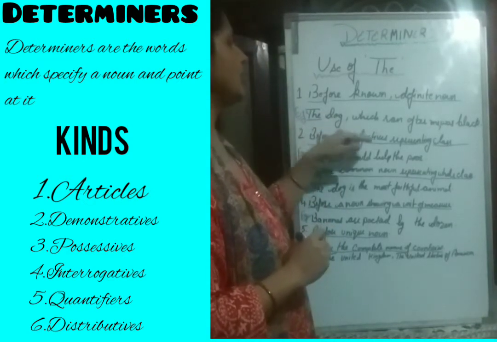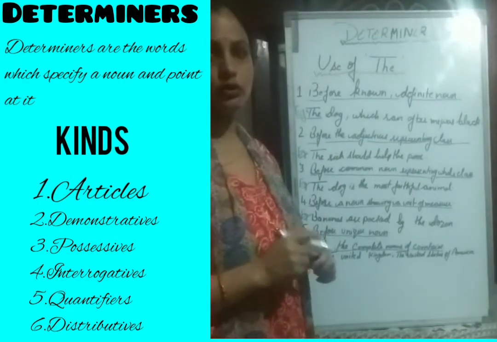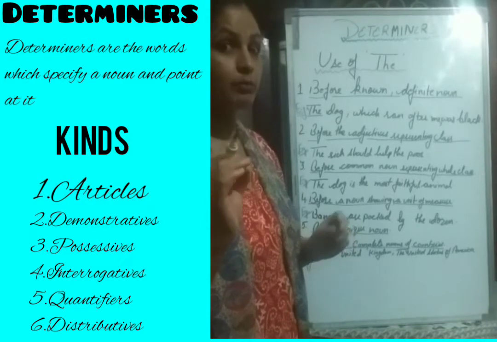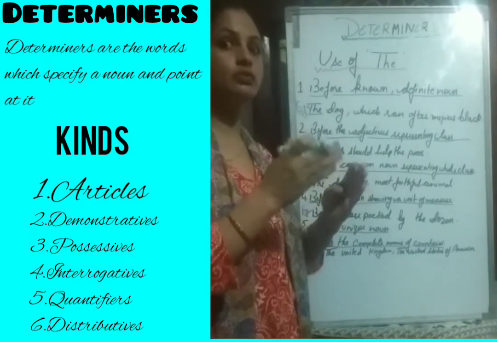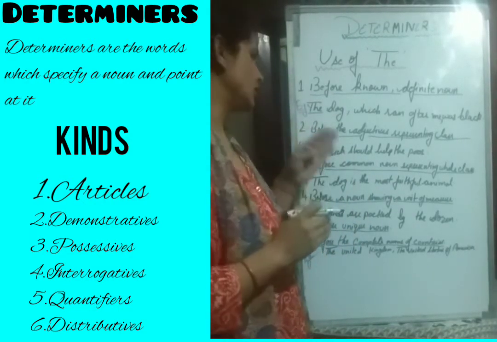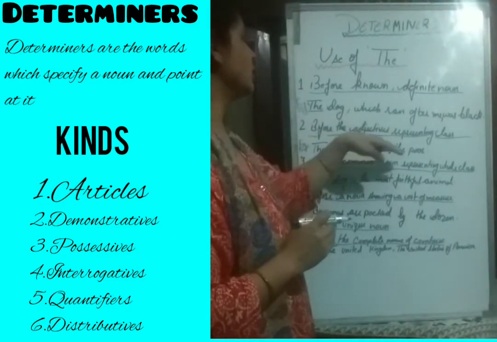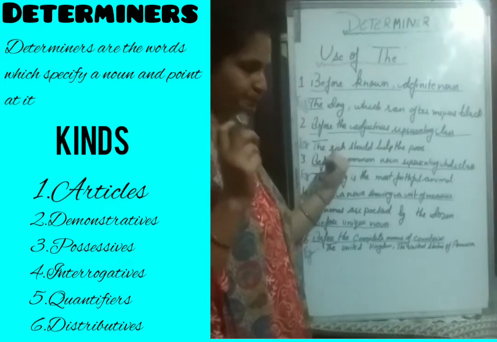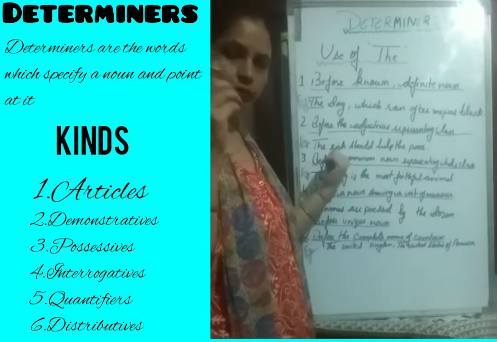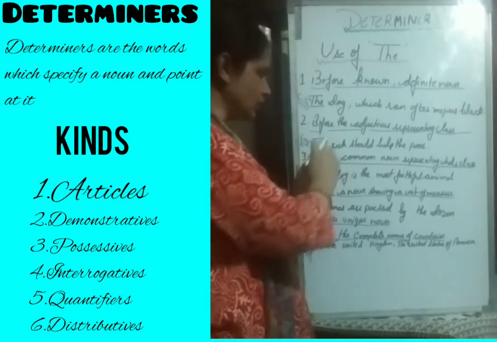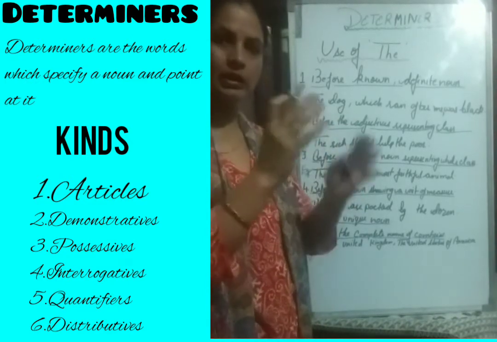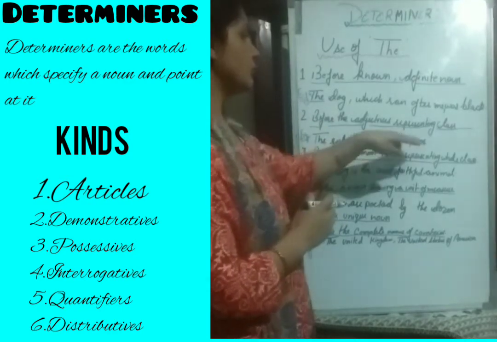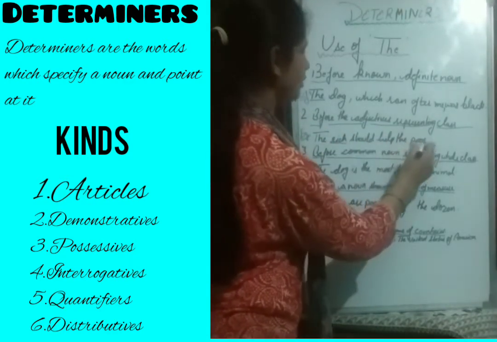Second, before adjectives representing a class. Where adjectives represent the class, before such nouns we use the article. Like, the rich should help the poor. Here we are talking about all the rich people, the class of rich people, and the poor.